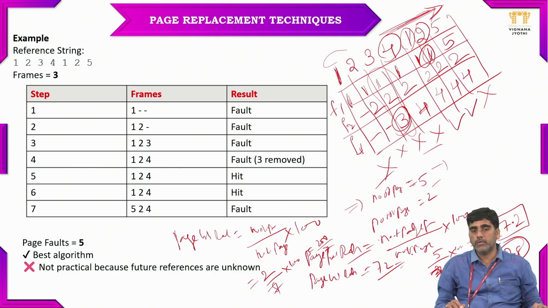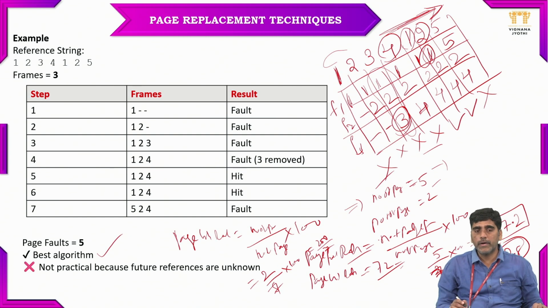So as per this, minimizing the page faults, compare these three algorithms: the optimal page replacement gives minimum page faults and maximum page hits compared with those two, right? So this is why it is said to be the best algorithm. But the disadvantage is what?